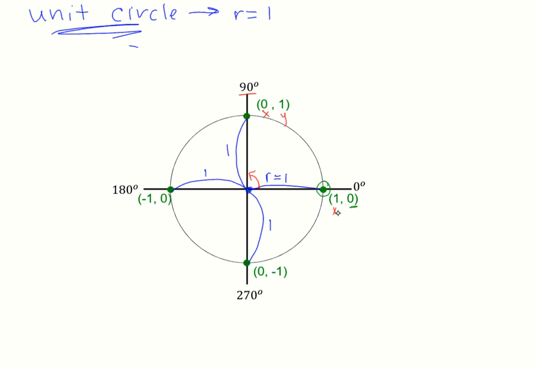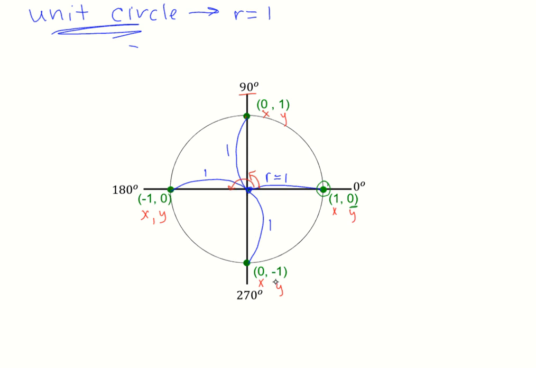Now over here at 180, here's my point. I've gone in the negative direction 1 unit. That makes my x negative 1. And my y value, because I'm on the x-axis, is still 0. Okay, down here at 270, I've gone down 1 on the y-axis, which is why y is negative 1.